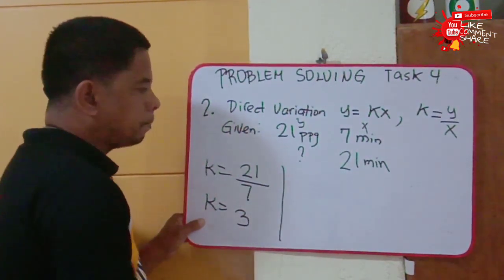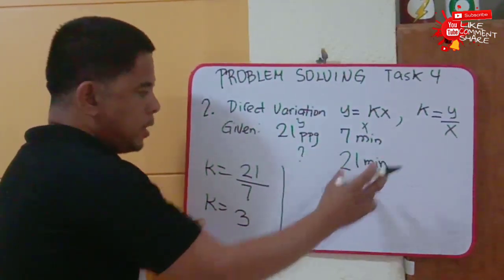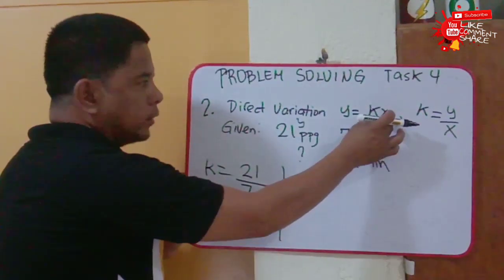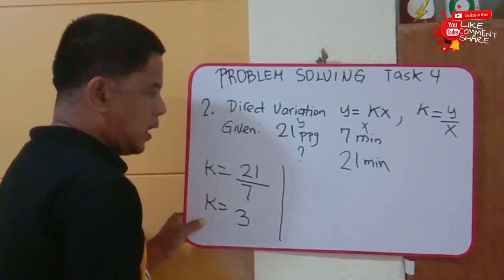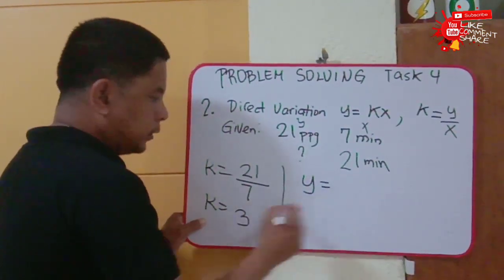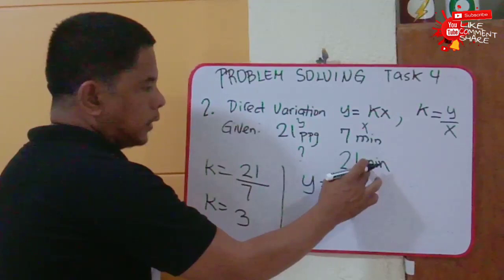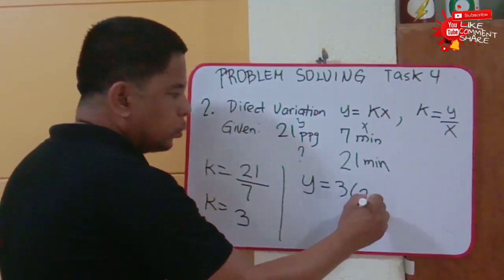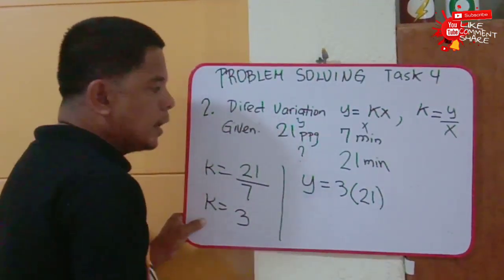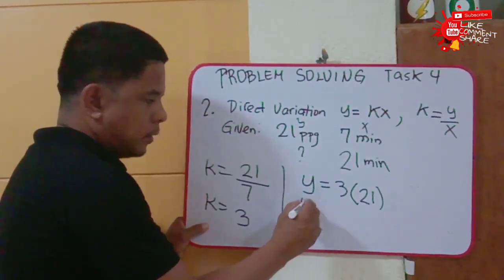Ngayon, hinahanap ngayon kung 21 minutes. So, kung ang constant natin ay 3, so, y equals, the constant is 3 times ang x natin ay 21 minutes. Kung 21 minutes kaya, ilang pages yung mababasa ni Ethan?